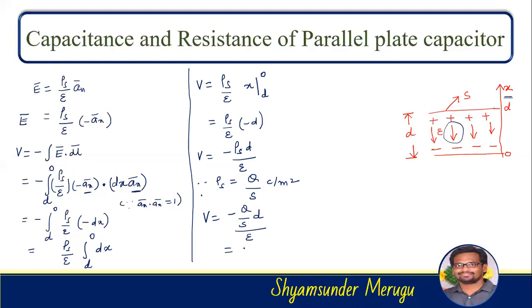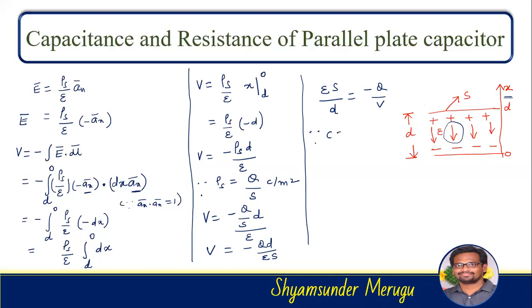So we can write this as minus of q d by epsilon s, which is equal to v. Taking this v towards this side and taking the remaining terms toward that side, what we get is epsilon s by d equal to minus of q by v.